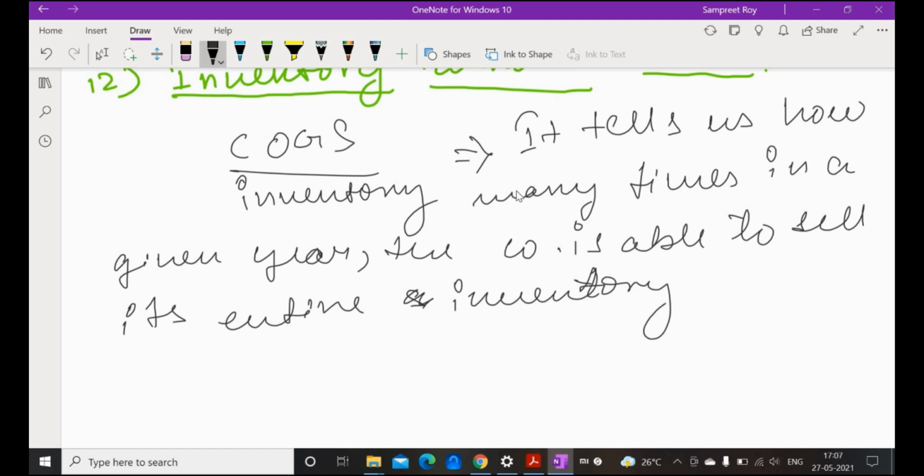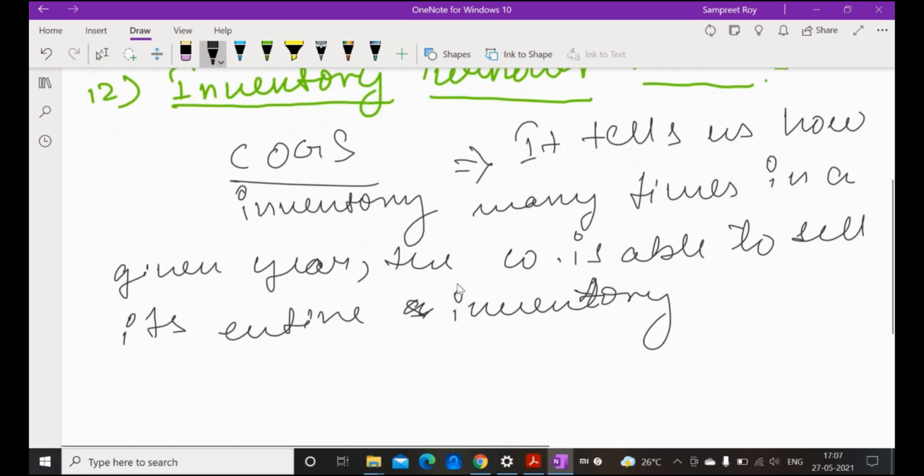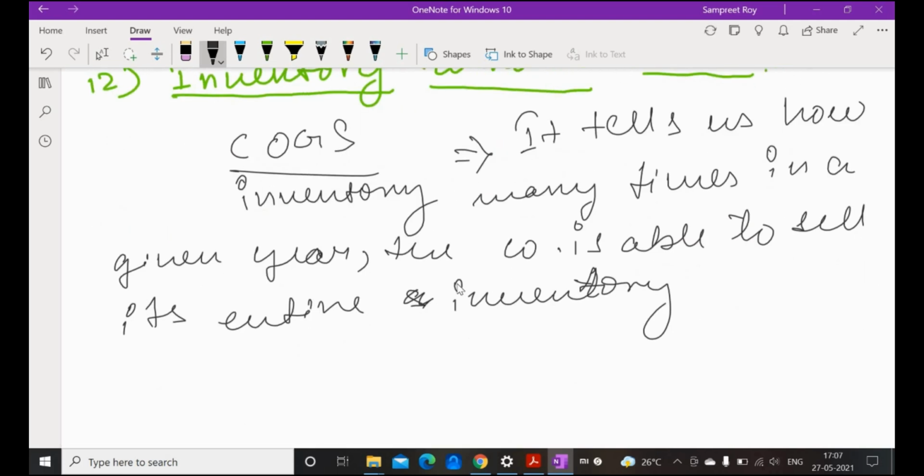This ratio, inventory turnover ratio, carries a great value because investors generally look at this type of ratios because inventory is a very risky asset, right? It can easily get converted into what is called a non-performing asset over a period of time, right?